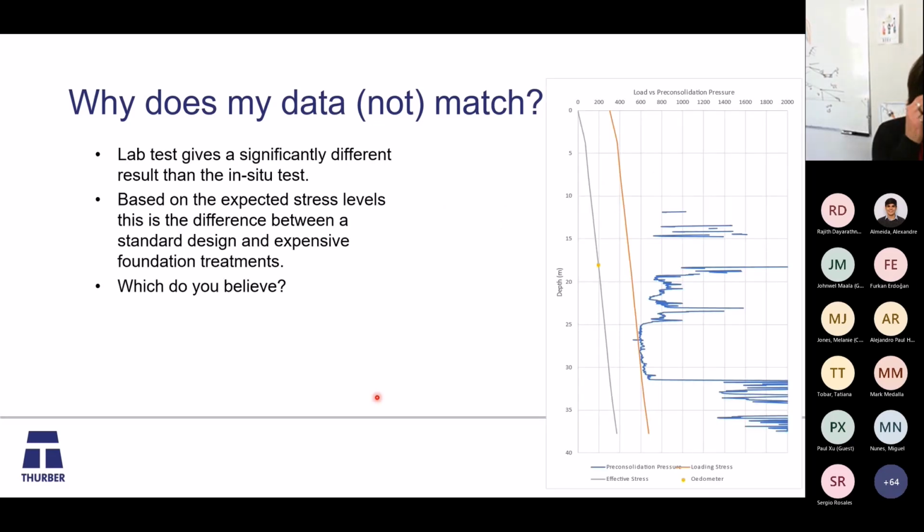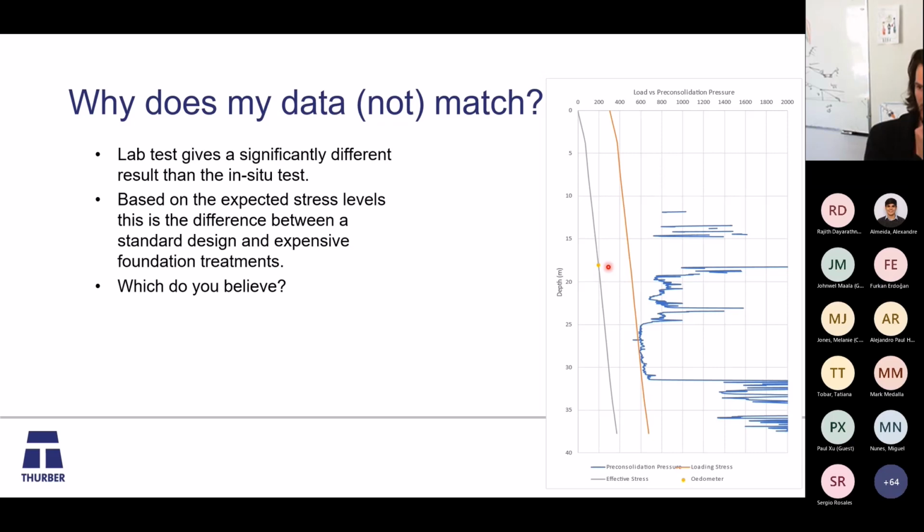And this is an example I pulled from a job that I was on. And here, what we're showing is the pre-consolidation pressure. And again, I'm showing the in-situ effective stress. And this is the expected stress after the embankment is built. The blue line here is the pre-consolidation pressure interpreted from the cone.